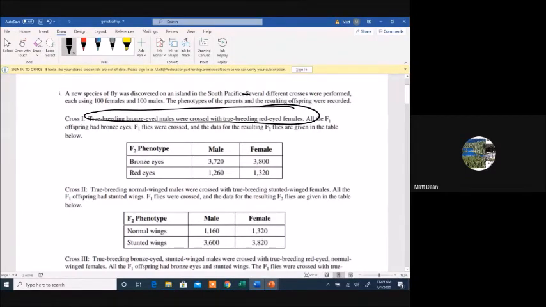We have these males, bronze-eyed, crossed with females with red eyes. All of their babies have bronze eyes, regardless of sex. So since they had to have gotten a red allele from mom and a bronze allele from dad, I'm hoping that tells you that bronze is dominant.